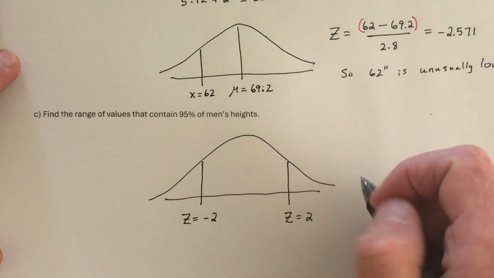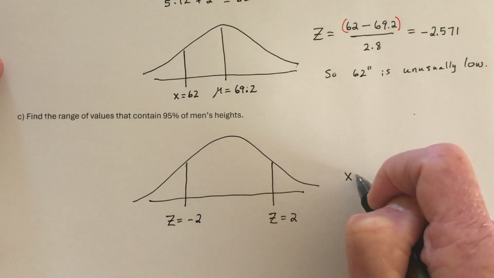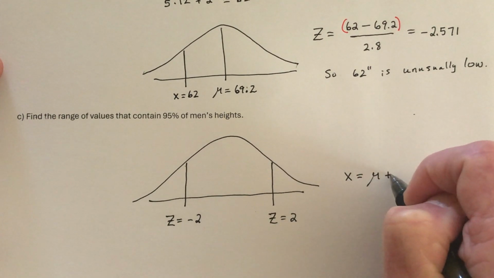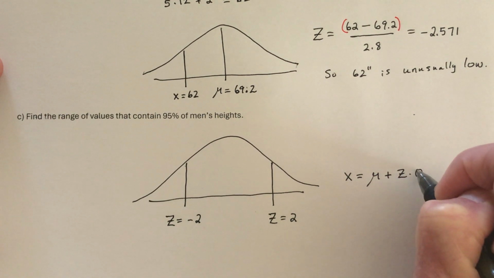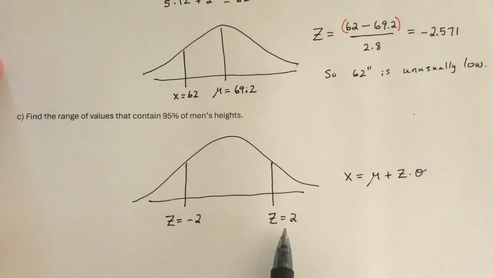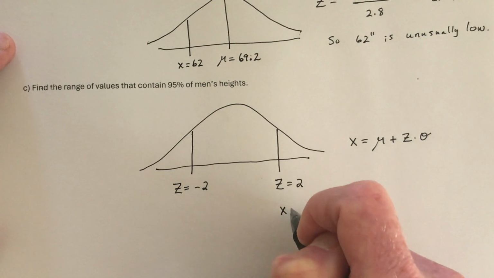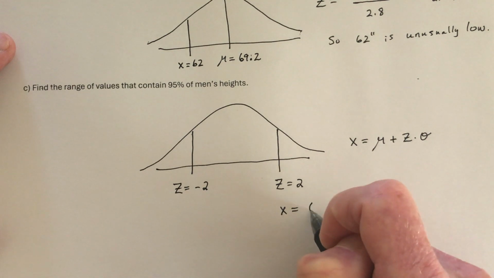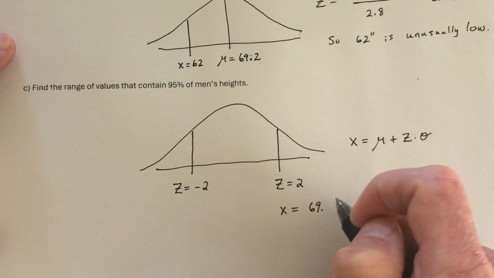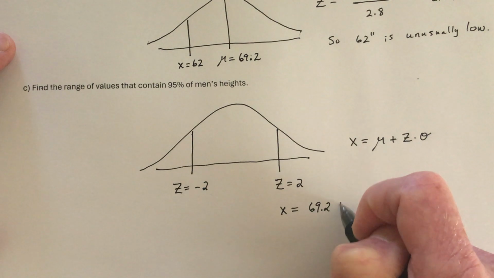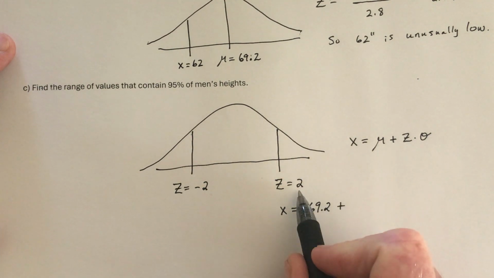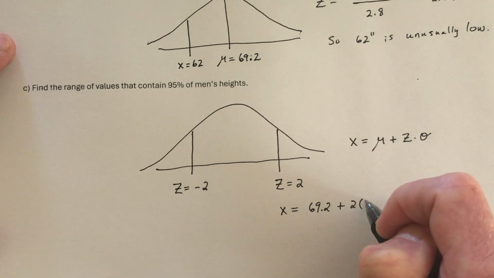Then you can use the formula x equals the mean plus z times the standard deviation to interpret what height this is. Just because the z equals 2, I don't know if that person's 6'10" or 6'1", what? So just use this little formula. For this one, x equals the average, 69.2, plus 2 times 2.8.